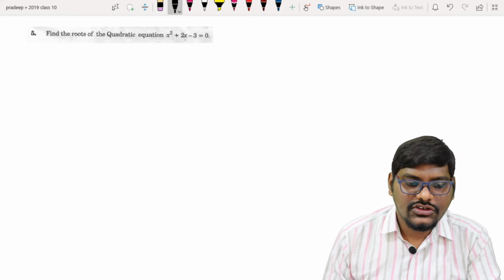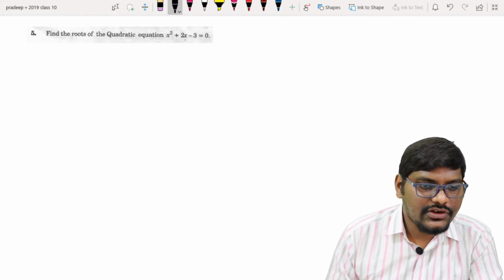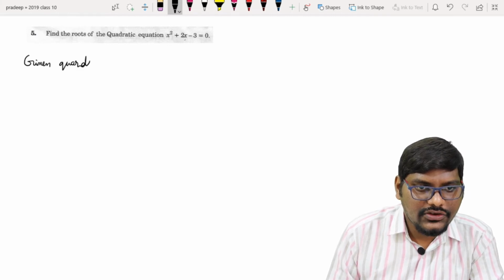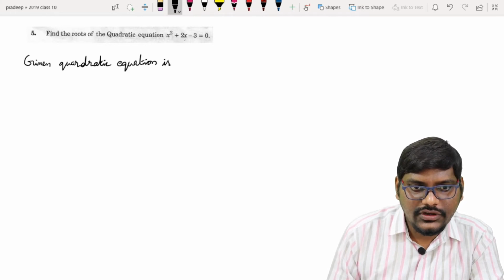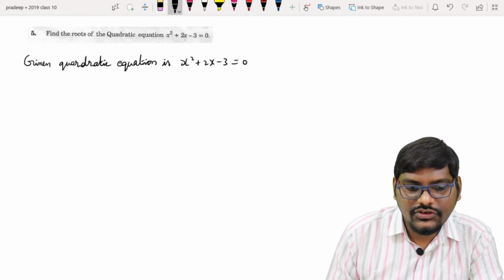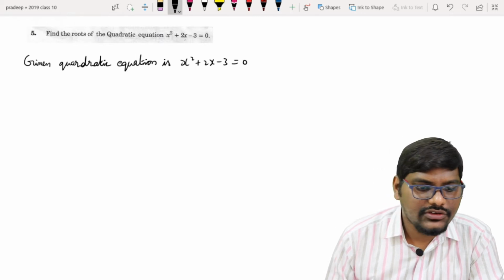Alright, so let's do this question. First we'll write the quadratic equation that is given. X square plus 2x minus 3 equal to 0 is the given quadratic equation.